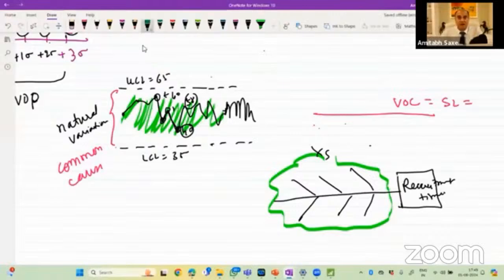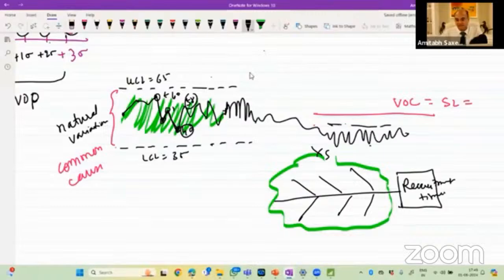So your objective is to bring your process and change the control limits so that your average is now 30 and standard deviation, let us say, 3. So you are here at 39 and here at 21. Now you are not going beyond the customer specification limit, which is 50.